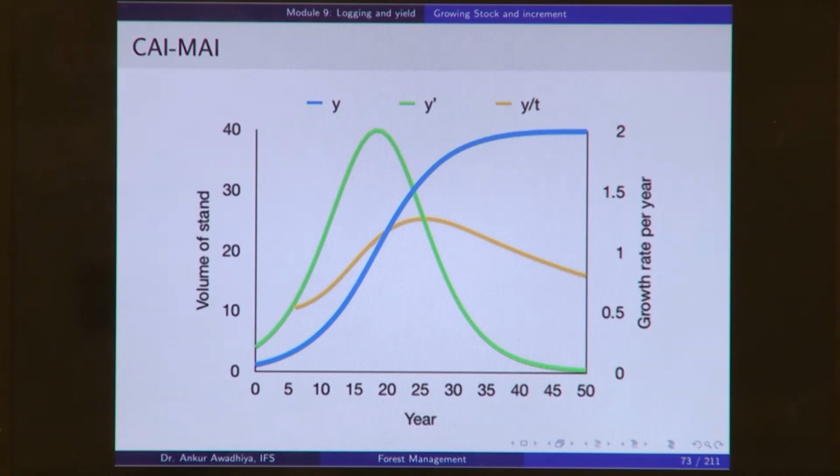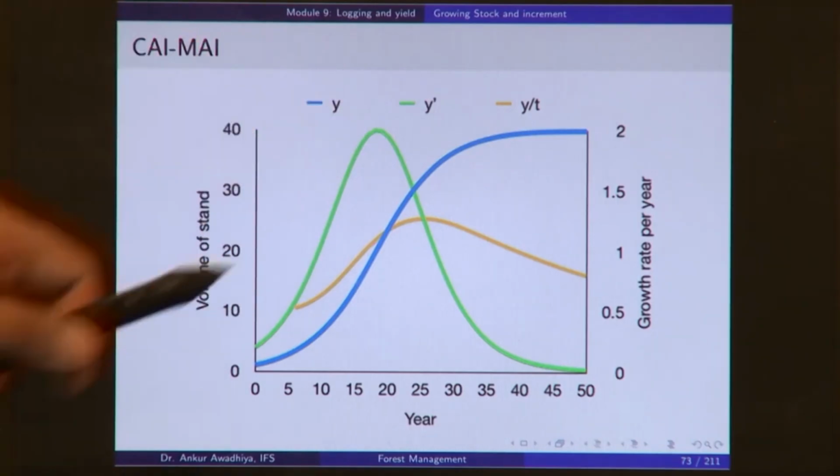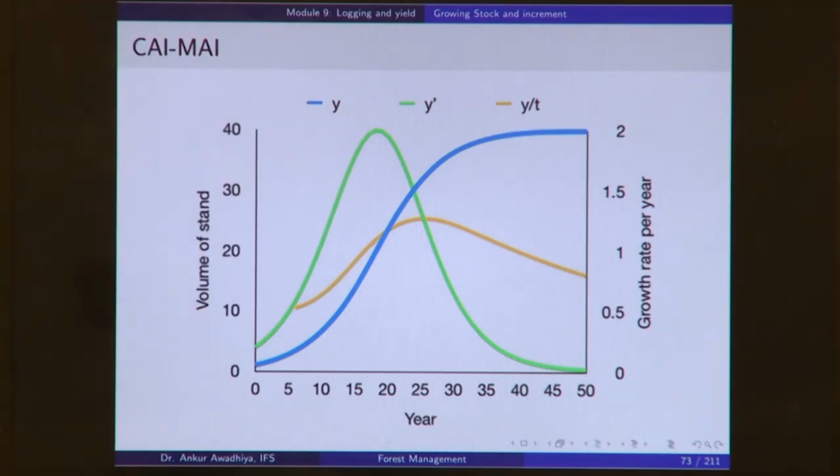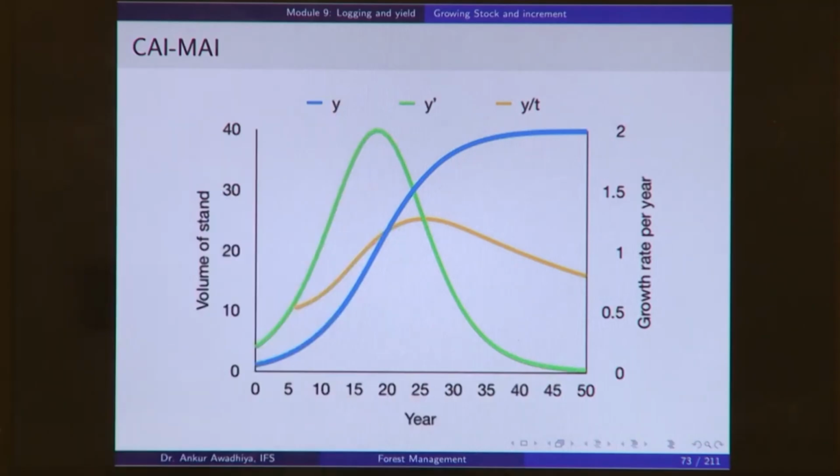Then it reaches a maximum rate of growth at the inflection point, and after that the CAI is reducing, which means that the rate of growth is reducing, and after a while the rate of growth even comes to 0.